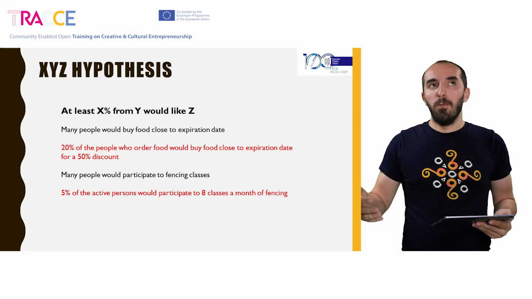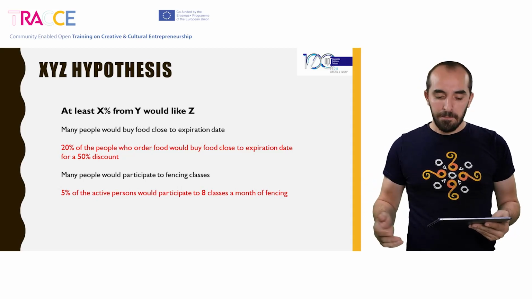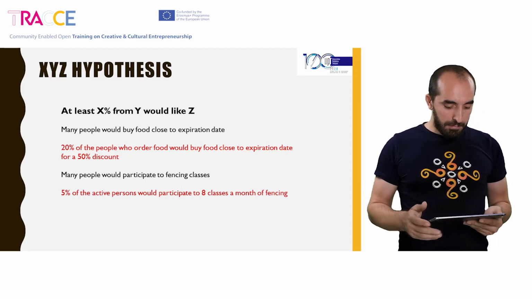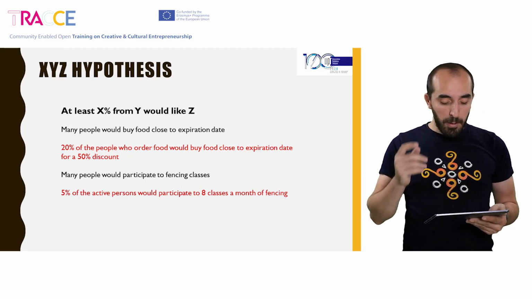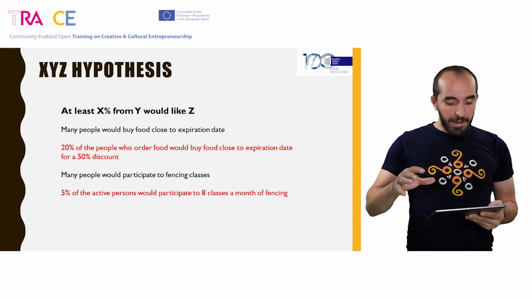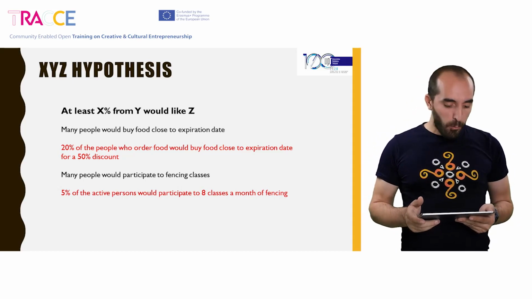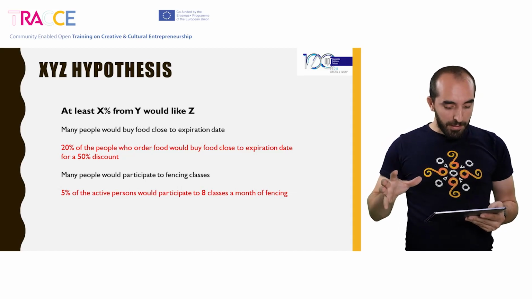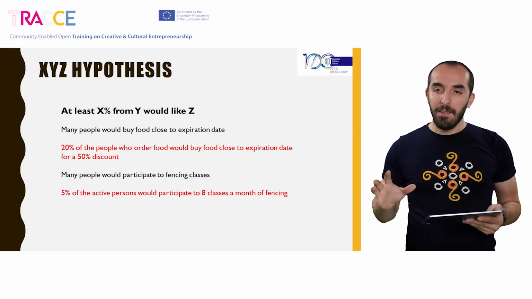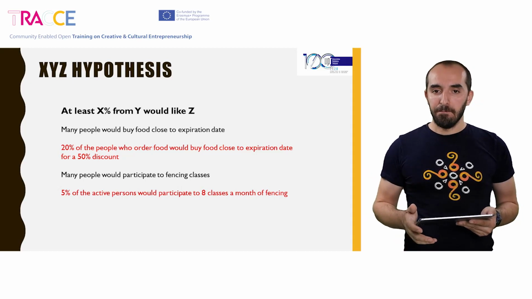We may start to find other solutions. Again, if we take, for example, the hypothesis many people would participate in fencing classes, the XYZ version would be 5% of active persons would participate in 8 classes of fencing.